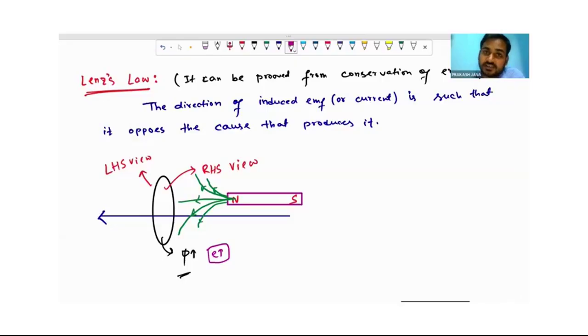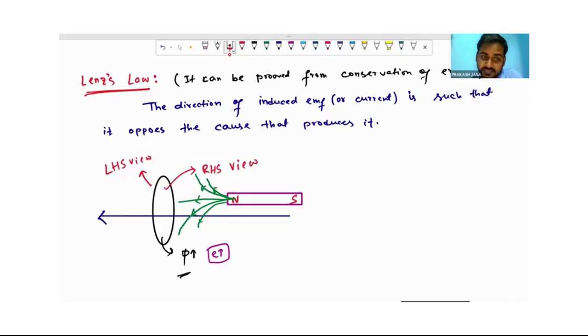What produces this current? This current is produced due to the motion of this magnet from the left side, isn't it? So as the magnet is coming towards the coil, that is why EMF is induced, that is why current is induced. Now the direction will be such that it will oppose the magnet.